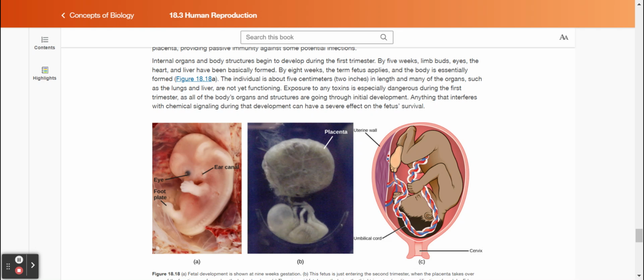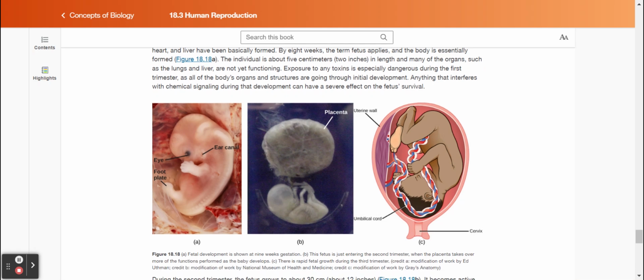The individual is about 5 centimeters or 2 inches in length, and many of the organs, such as the lungs and liver, are not yet functioning. Exposure to any toxins is especially dangerous during the first trimester, as all of the body's organs and structures are going through initial development. Anything that interferes with chemical signaling during that development can have a severe effect on the fetus's survival.